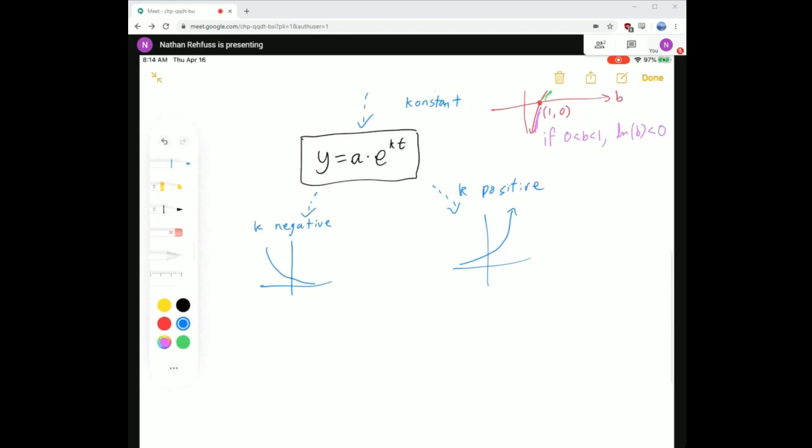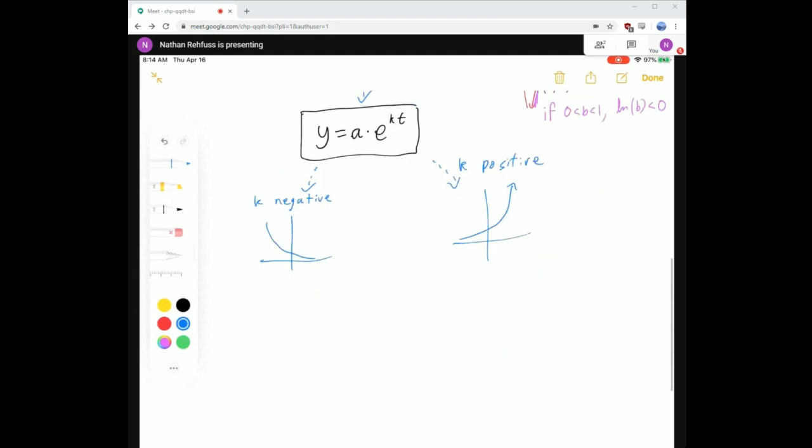Well, let's go ahead and use this. In fact, I believe we've already seen this formula, just not with the same letters. You've already seen an example of continuously compounded interest, which was y equals P e to the r t.